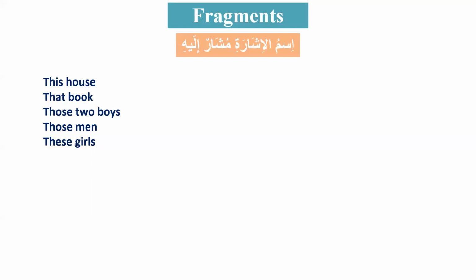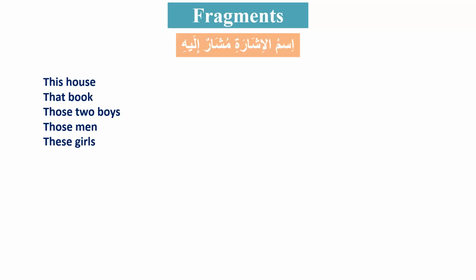What is common between all these lines here, Danielle? What is written in these lines? They all have pointing nouns. Where are the pointing nouns? This, that, those, these. All right. So the first word is actually a pointing noun. So they're all ismul ishara, the first words.